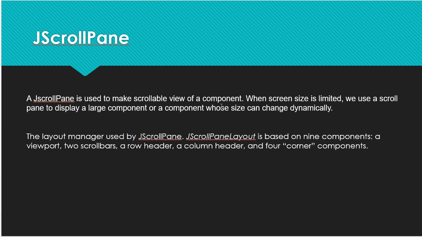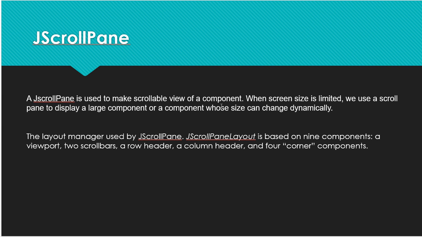The layout manager used by the JScrollPane layout is based on 9 components: the viewport, 2 scroll bars, row header, column header, and 4 corners. The viewport is where we view the content. Scroll bars are horizontal and vertical. The row header is the header to the row, and the column header is the header for the column.